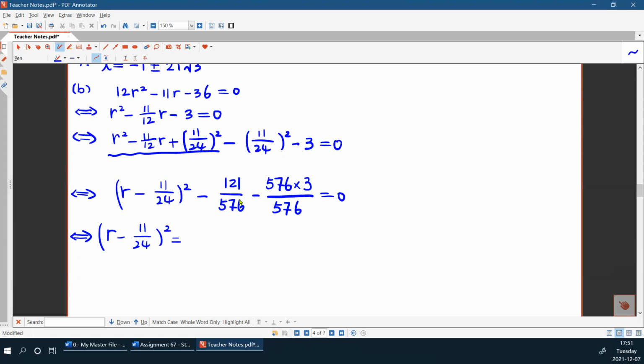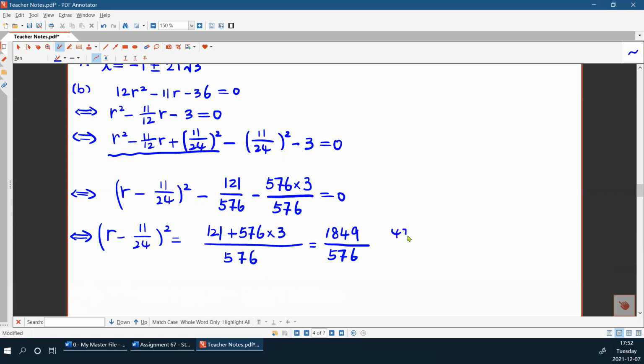Then we put all the constants to the other side, where 576 is the denominator. Numerator is 121 plus 576 times 3, which, if we add them up, you will get 1849, right? Over 576.